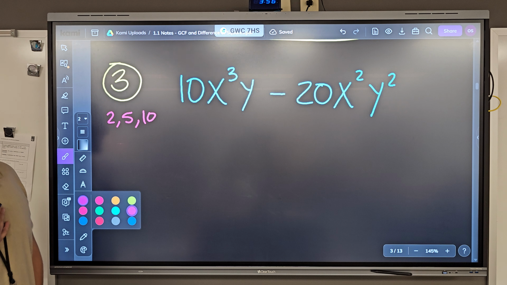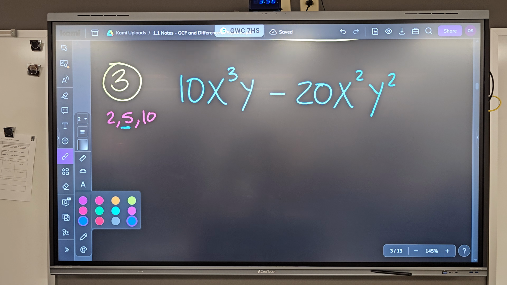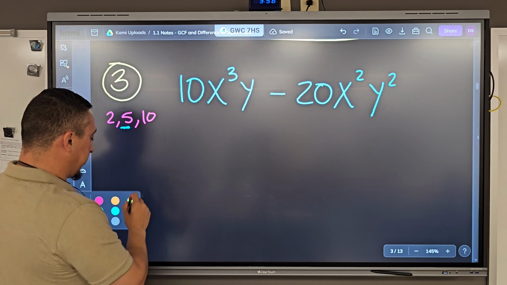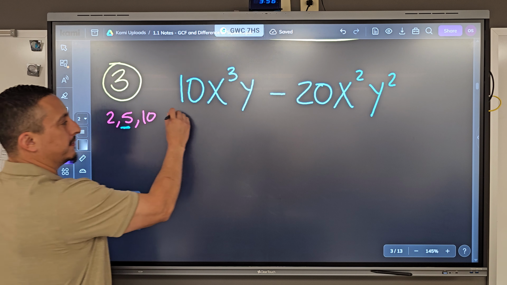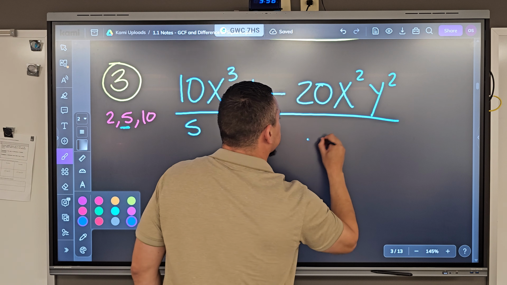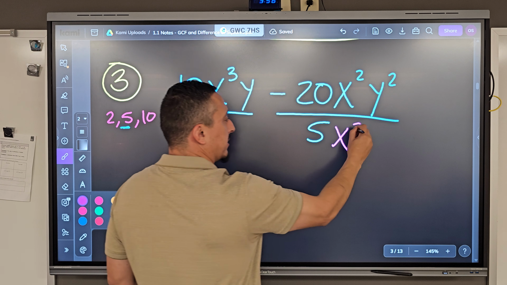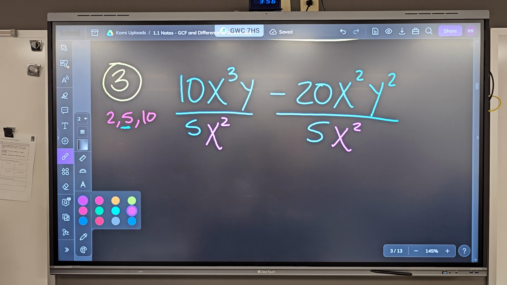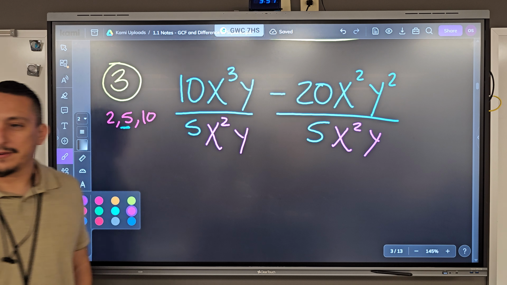So let's say I didn't catch it. Let's say a lot of you do 5, so I'm going to do 5. Okay? Some of you did 2, some of you did 10, but I'm going to do 5. So if I take out 5, I'm assuming we're good on the letters, on the variables. Everybody okay? That's x2. Okay. And then this one is 1y. We're good with those?